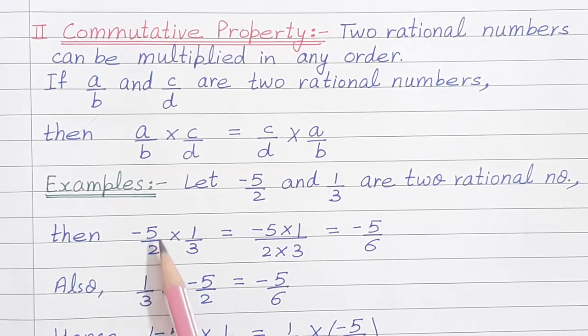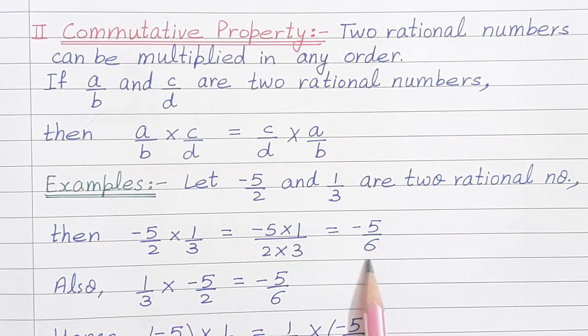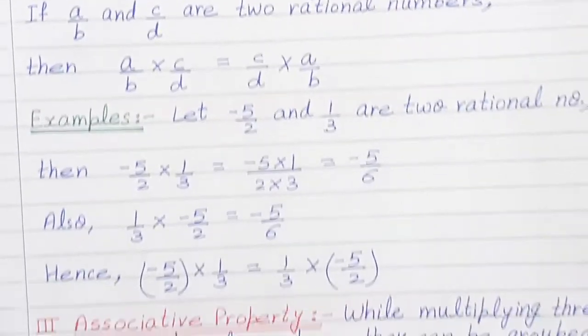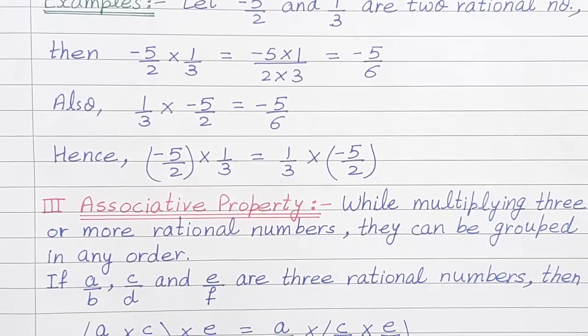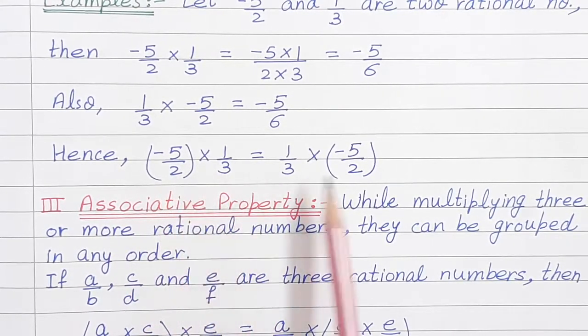Then minus 5 upon 2 multiplied by 1 upon 3 will give us minus 5 upon 6. Similarly, if you change the order, 1 upon 3 multiplied by minus 5 upon 2, here also the answer is minus 5 upon 6. Is it clear? So, the commutative property holds for two rational numbers.